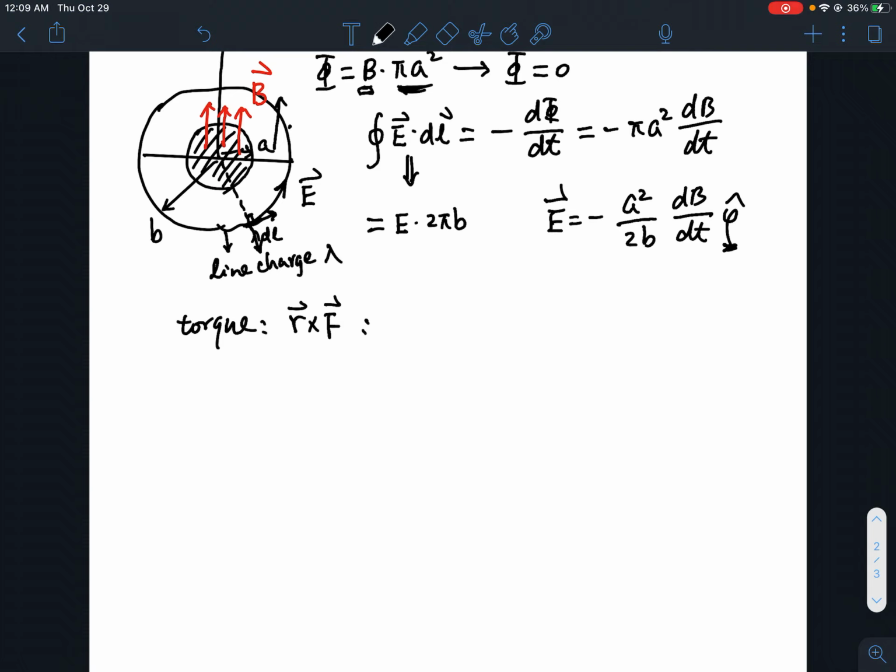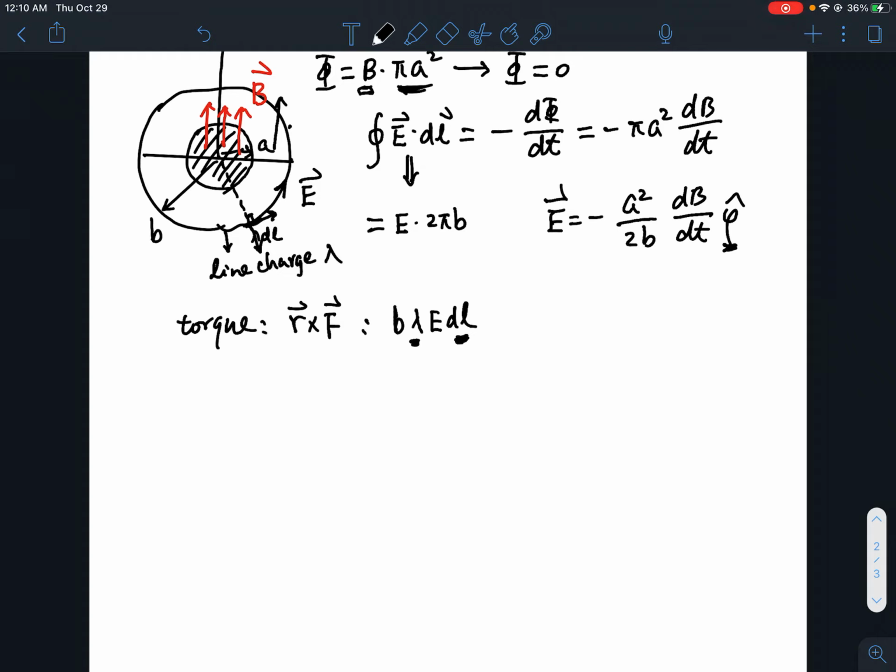The radius, of course, is b. F is lambda times E, and the charge is lambda dl, since we are talking about a small segment of length. So this is what we have.